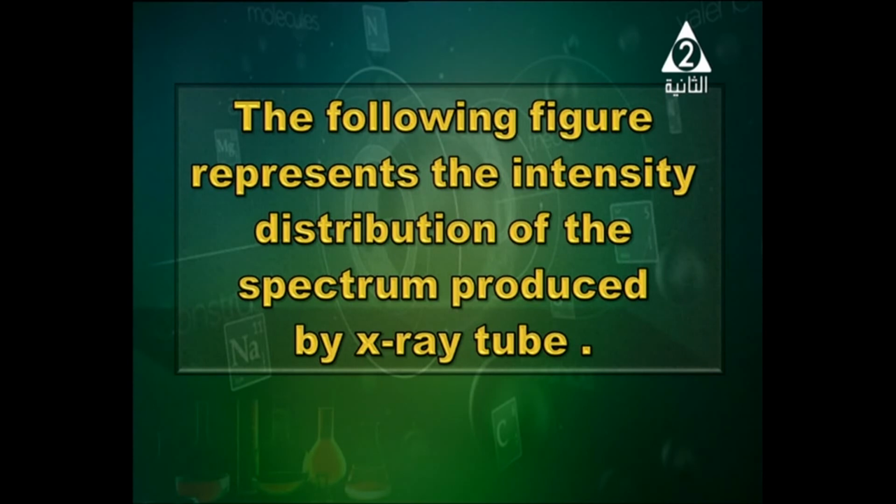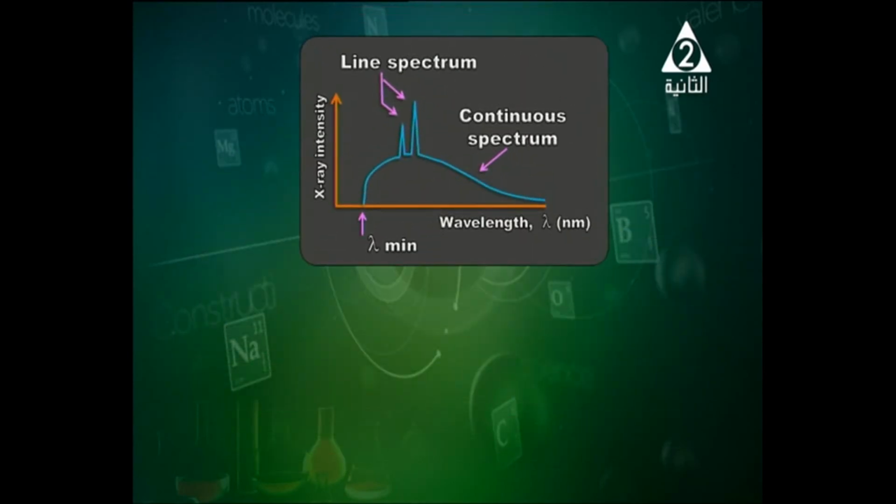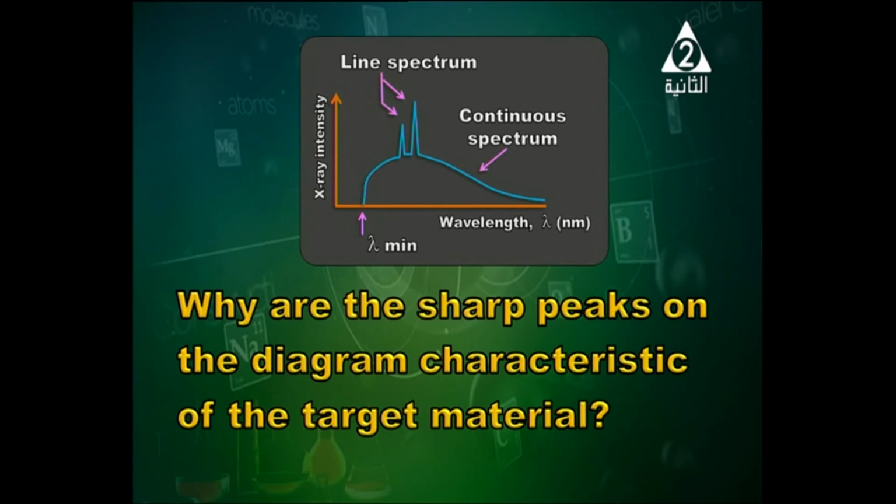Another type of question: the following figure represents the intensity distribution of the spectrum produced by X-ray tube. Why are the sharp peaks on the diagram characteristic of the target? Sharp peaks actually are the line spectrum.